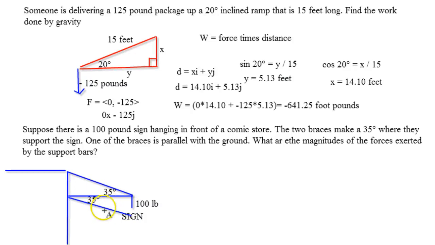So what we need to do is just set this up. Sine of 35 degrees is equal to 100 over, let's call that force 1. We'll say this is force 1, the first bar, and then we'll say this second one is the second force right there.